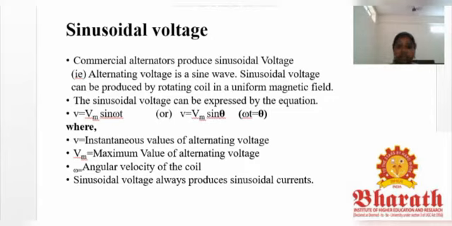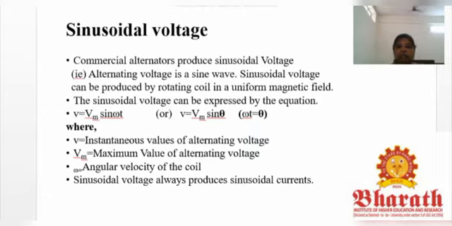At every instant of time, the value of voltage changes. So we call that voltage an instantaneous value, and these quantities instantaneous quantities. So small v is the instantaneous value of an alternating voltage.